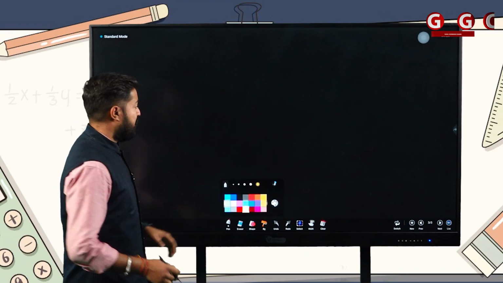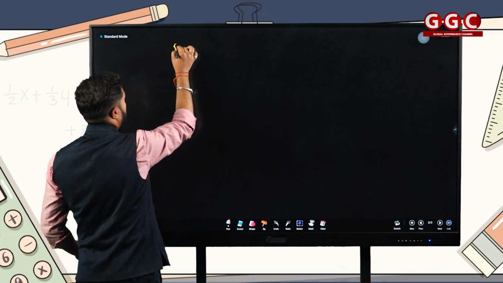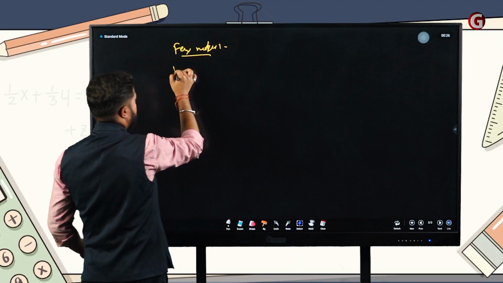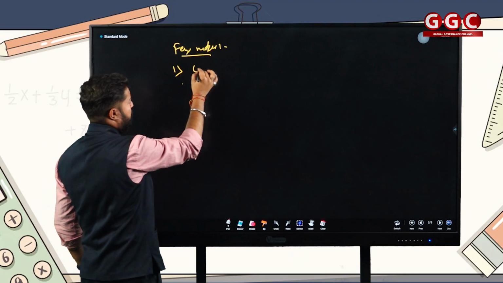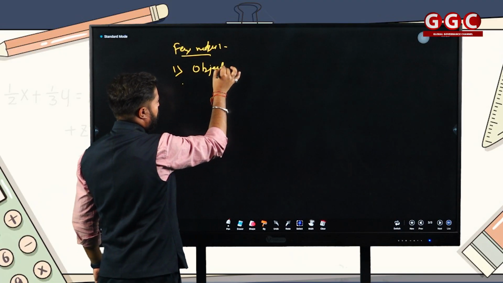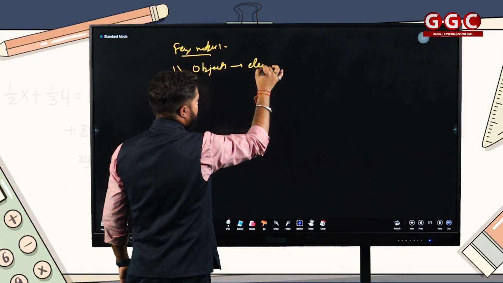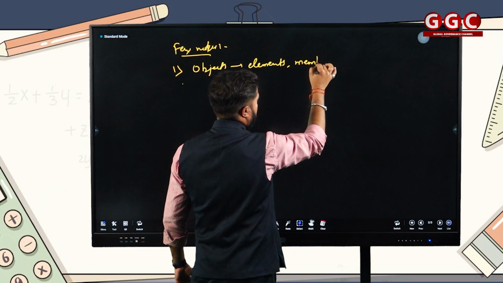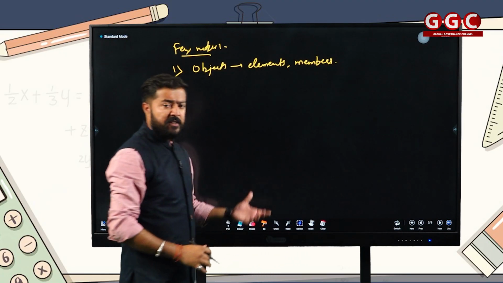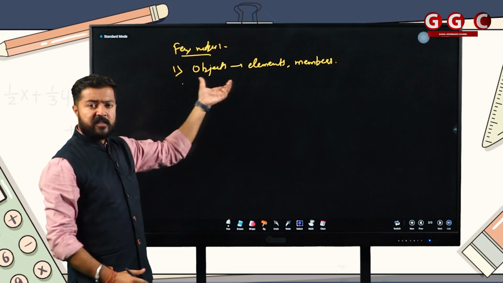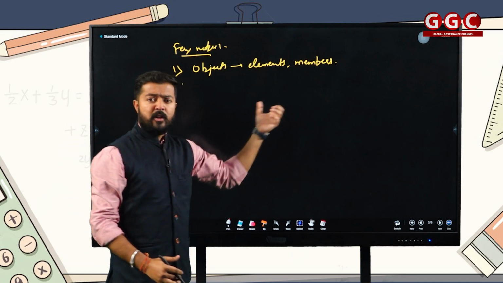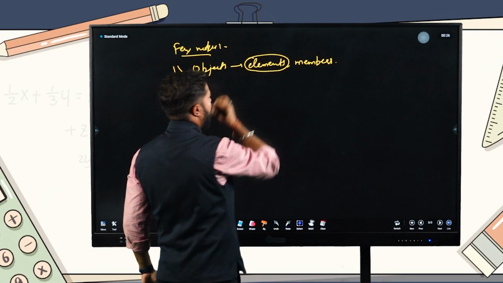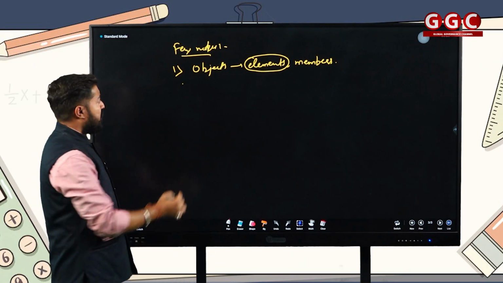A few things that we need to note, few notes. First is the objects are also called elements or members of the set. That means these three words, objects, elements, members, they are synonyms, and we will frequently use this word element of a set.